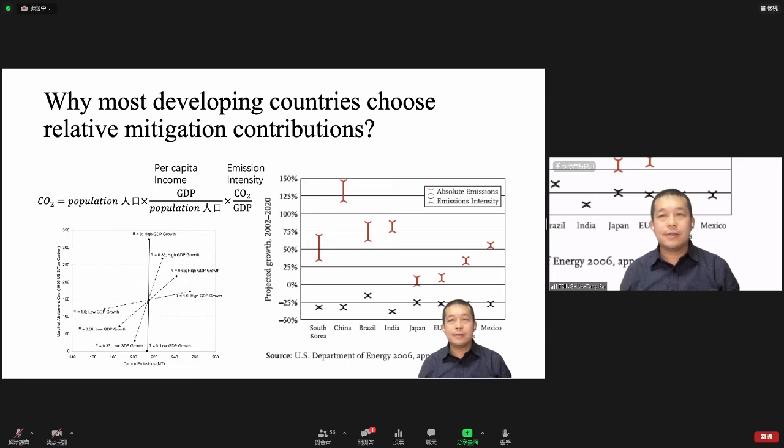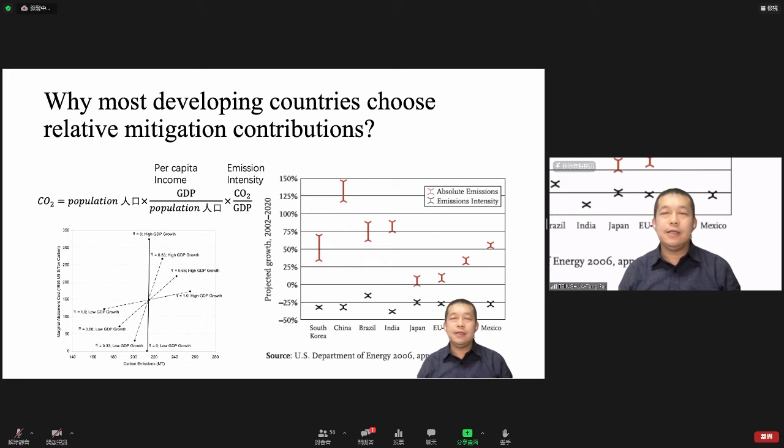We explain this, why developing countries choose relative mitigation contributions instead of absolute terms. We argue that it is not related to ambition, it is related to the national circumstances of developing countries, which is also a very important structural factor to shape the objectives of developing countries.